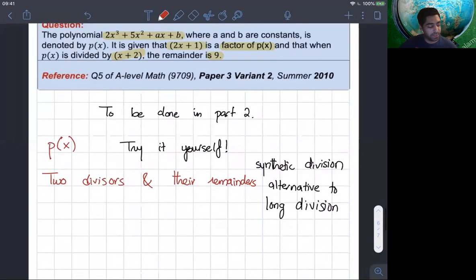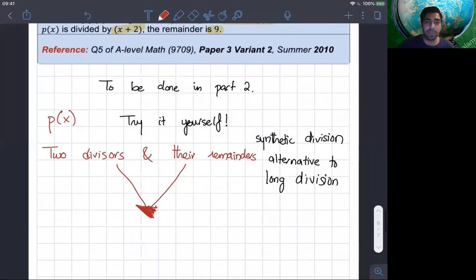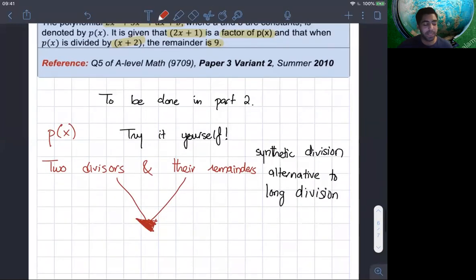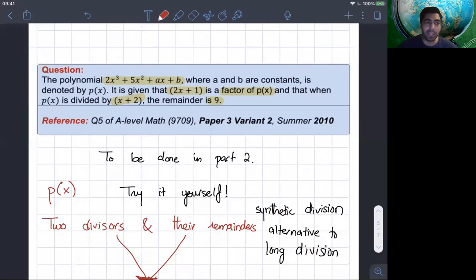So with these two sets of values, we can do what? We can make two equations because the remainder theorem tells us how to relate the divisor to its remainder. And what are we expected to find? We want to find a and b.